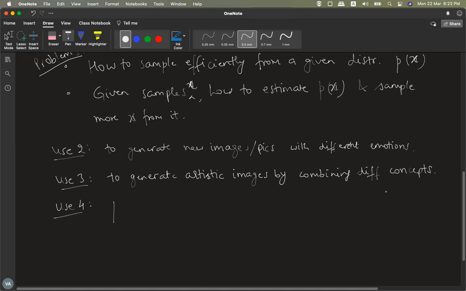We can use it for security purposes. Basically, we can learn the actual distribution of the data, and so we can know what the real ones are and what the fake ones are. Okay, security purpose. Yes.